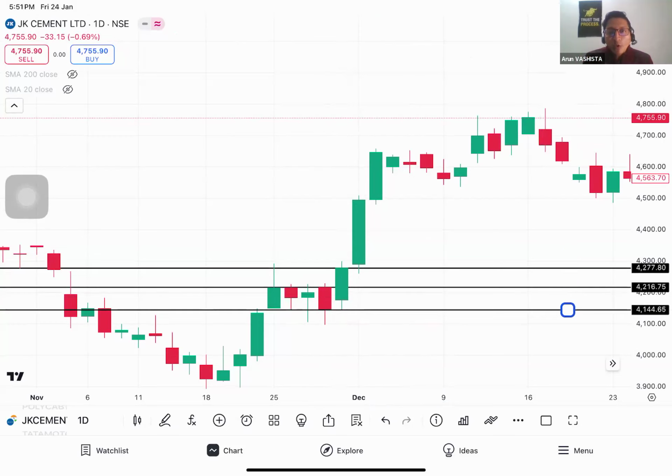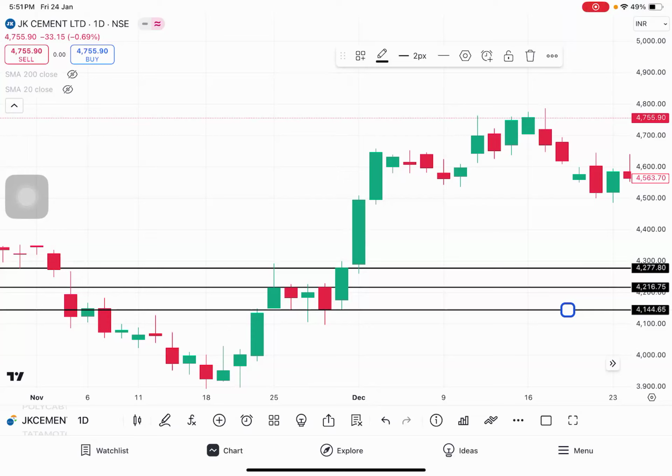If it moves 2.4%, I ask you, Kiran, and even Divakar sir, can we retail traders move JK Cement 2.5% in a day? No way. Can any individual trader, even with 50 crore, move it? You cannot. Arun, this was a very interesting point.